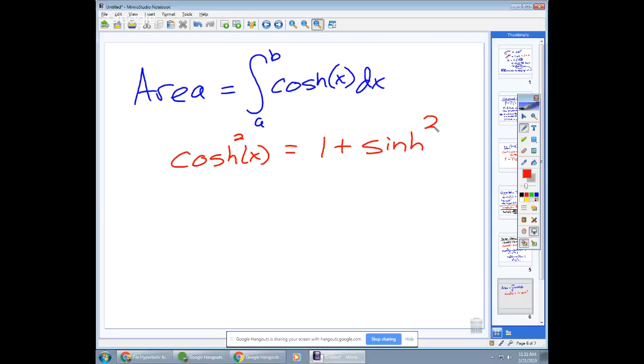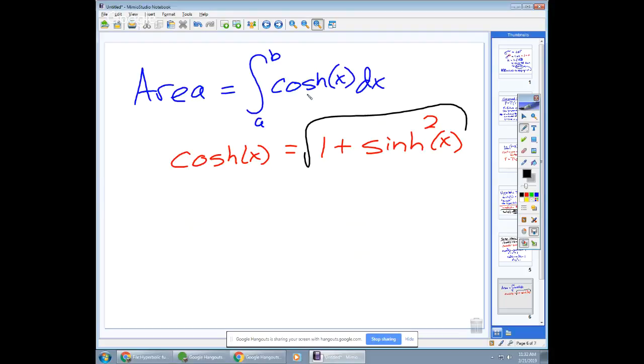Let's do the square root. If we take the square root of both sides, then we get the hyperbolic cosine equals the square root of 1 plus the square of the hyperbolic sine. Cool, I just created the substitution.